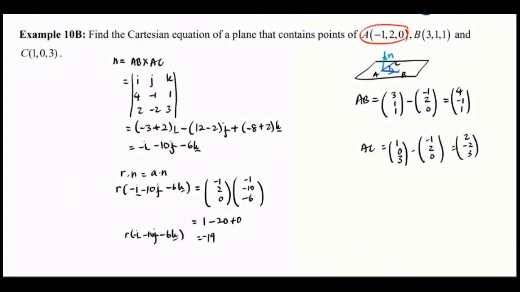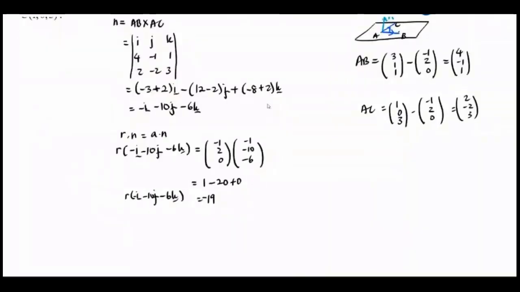Okay. Now the Cartesian equation, this is how we find it. This is the VE. We change R to X, Y, Z. Okay, so we have X, Y, Z dot negative 1, negative 10, negative 6.